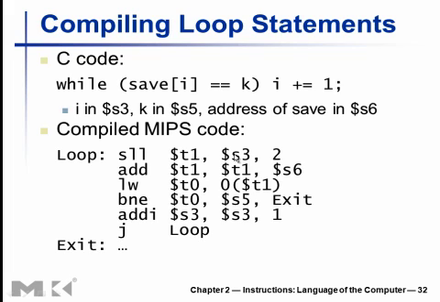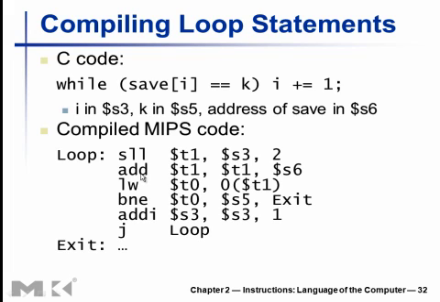S3 is the value of i. If you shift twice, that means you multiply its value by 4. That's because we want the address to increase by 4.